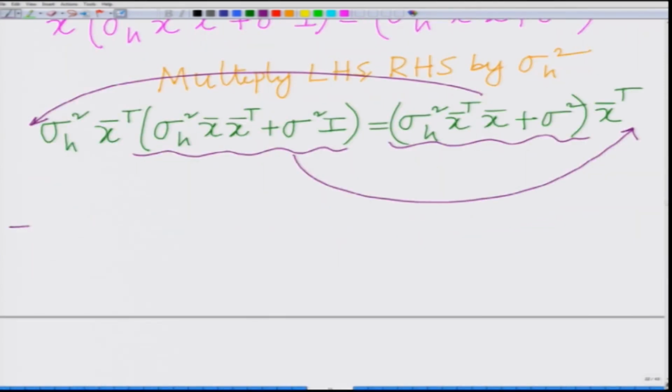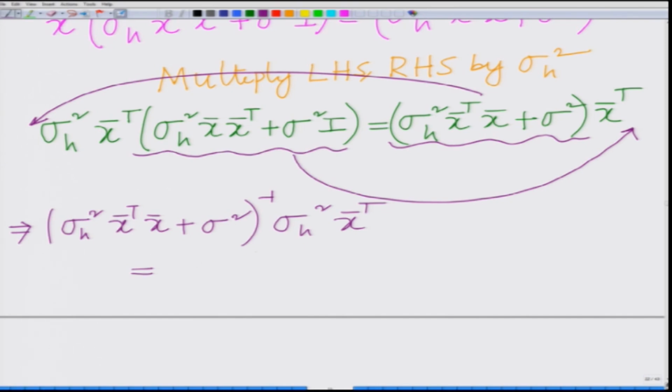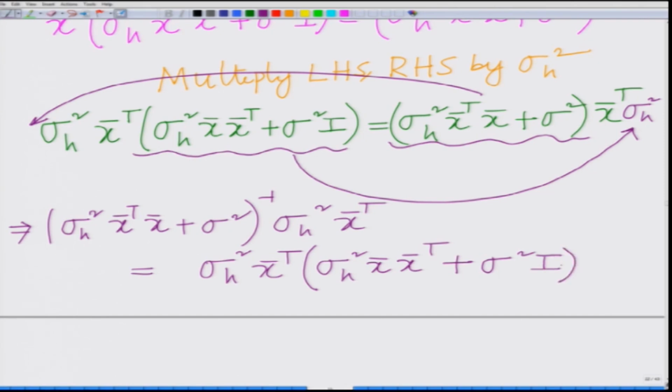So, now this implies sigma h square x bar transpose (sigma h square x bar transpose x bar plus sigma square) inverse times sigma h square x bar transpose, and this is equal to, taking this inverse on the right, of course I have to multiply by sigma h square, sigma h square x bar transpose times (sigma h square x bar x bar transpose plus sigma square times identity) inverse.